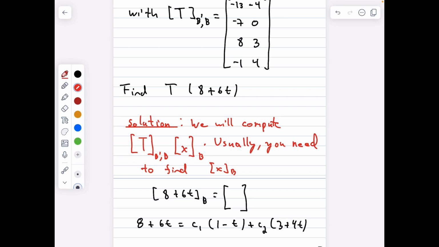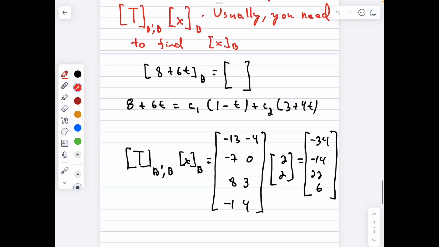And the coordinate vector is basically equal to the constants that go in front of the basis vectors that give you the linear combination, okay? So c1 times (1 minus t) plus c2 times (3 plus 4t). So you solve that, you make a system of equations, and you get the answer of 2, 2, okay?